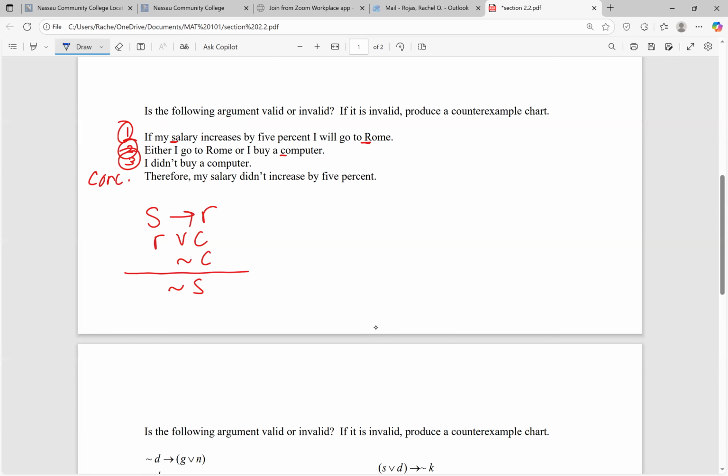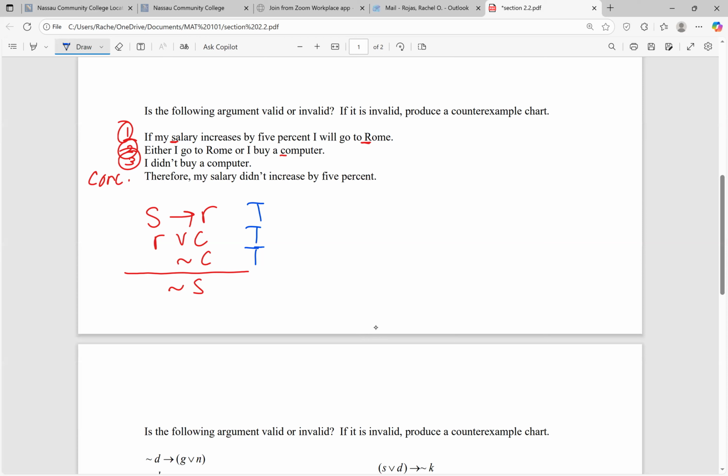So let's test the validity of this argument using the direct approach, the true-false method. Let's assume all our premises are true, and see if that also leads us to a true conclusion or a conclusion that could possibly be false. So assuming my premises are true, then not C is true, that third premise.